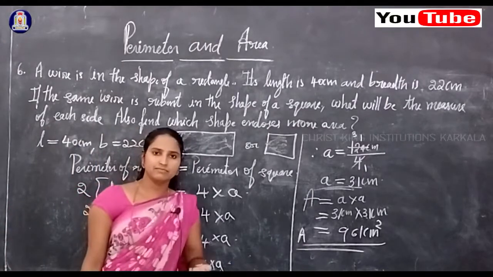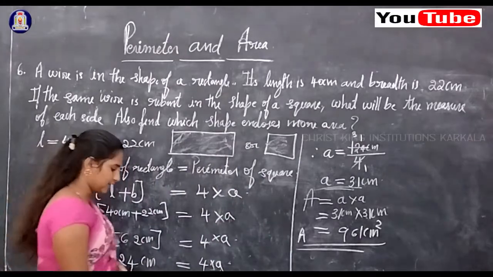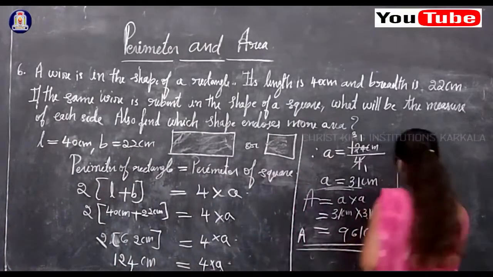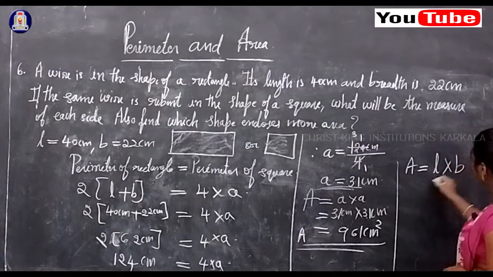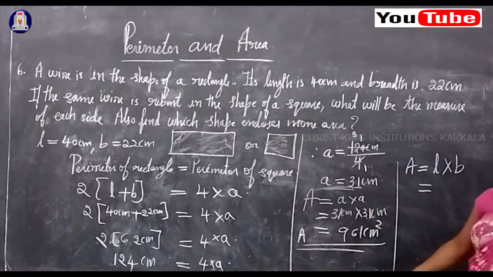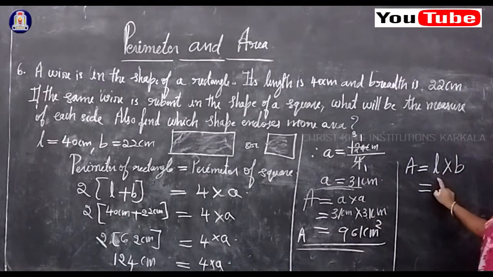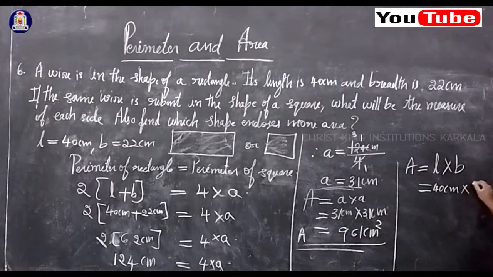Now similarly we have to find the area of the rectangle. The formula is length into breadth. The length is 40 centimeter and the breadth of the rectangle is 22 centimeter.